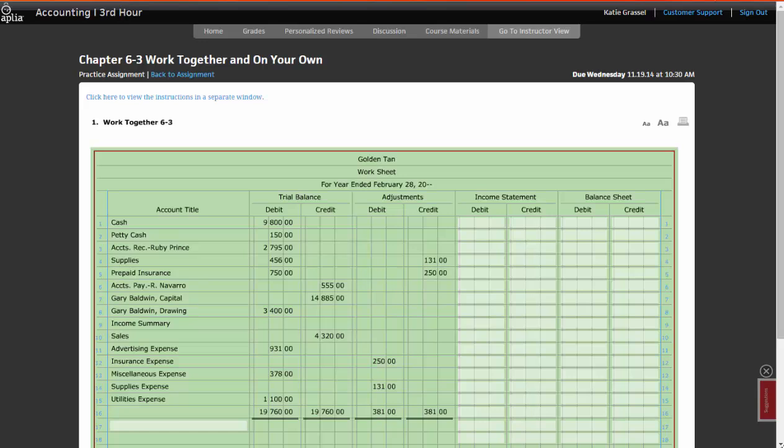So the first account that we have there, cash. What is the classification of cash? Asset. Okay? Where's it going to go? Income statement or balance sheet? Balance sheet. So this is all I do. I look at my cash account, $9,800, and I go all the way over here to my balance sheet, and I put it there as a debit.